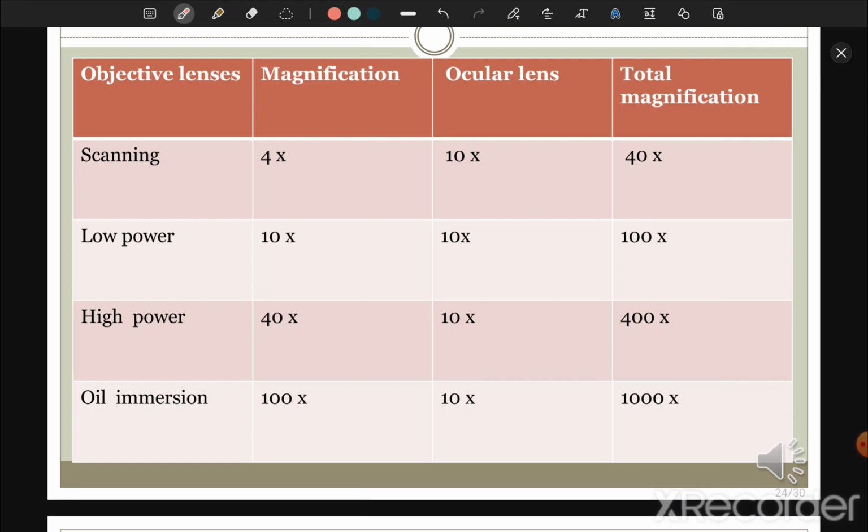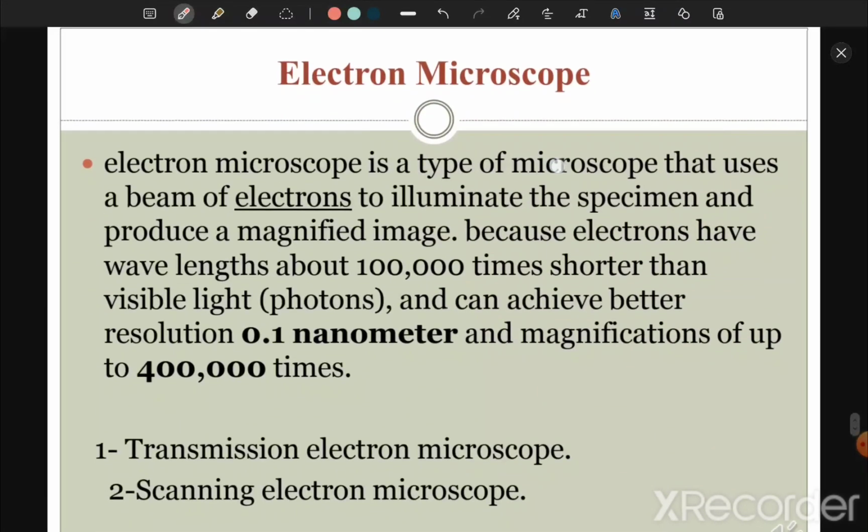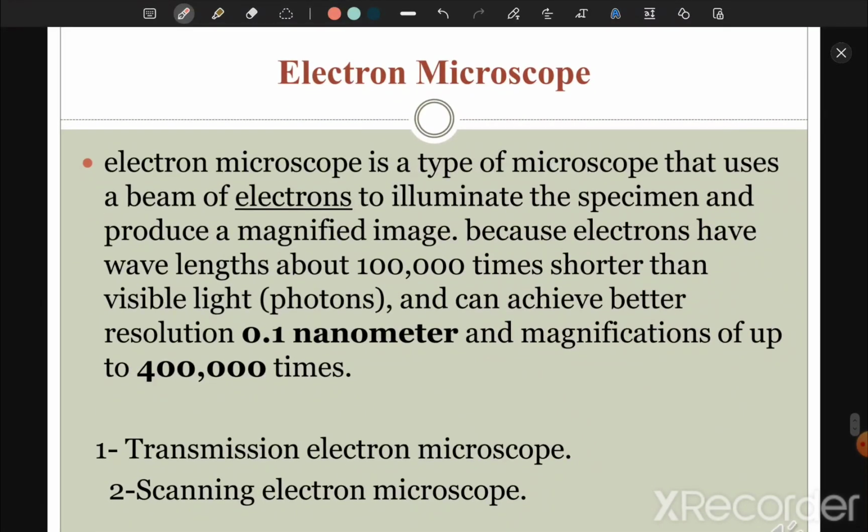Regarding the electron microscope, in general, the difference between the light microscope and the electron microscope is that the resolution power of the electron microscope is much higher than the light microscope, as we mentioned in the practical session, and of course higher magnification power.